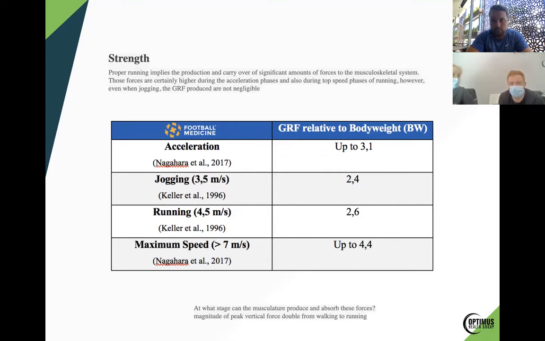Sorry, Brian. When we're actually looking at the force deck data, more specifically the single leg hops on the force deck at that 12, 13 week mark, are these the values that we'd be looking for? So are they able to absorb 2.4 times body weight, single leg on each side?